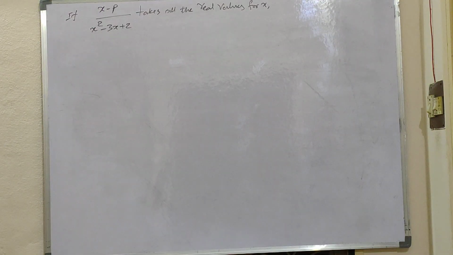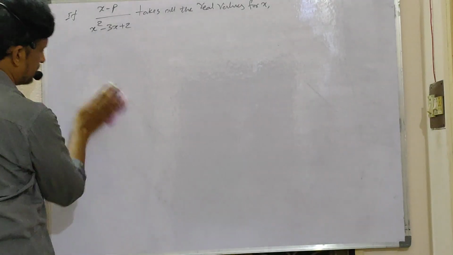Determine the boundary values of p, meaning the range of p, if (x − p)/(x² − 3x + 2) takes all real values for x. Okay.